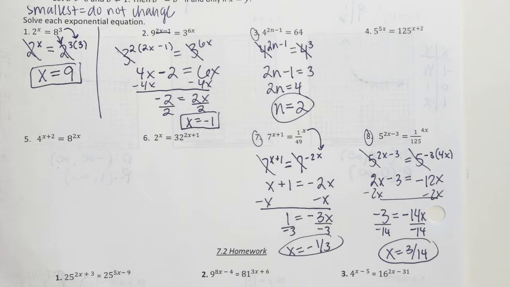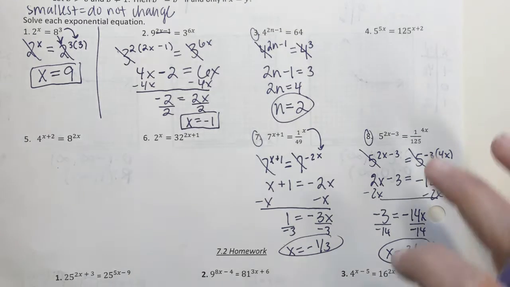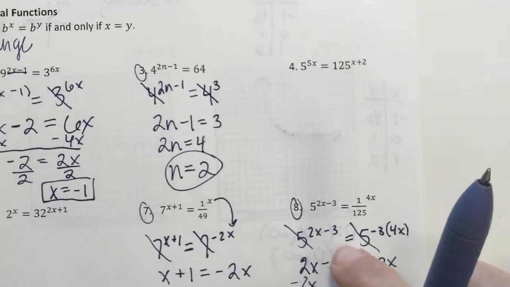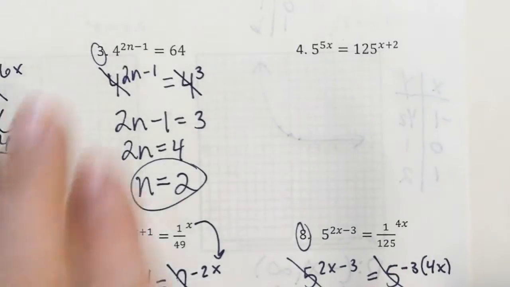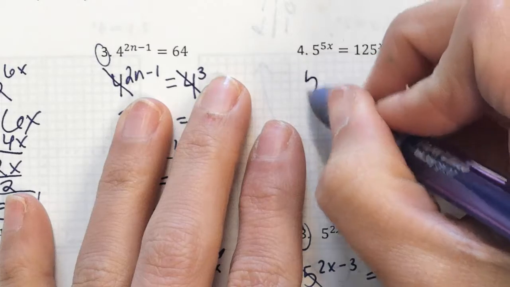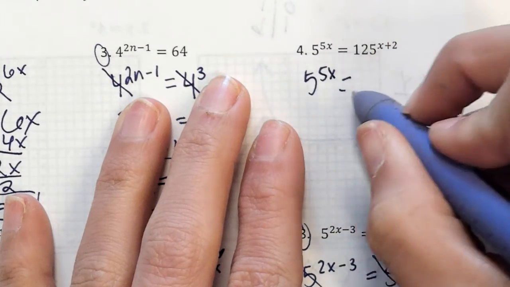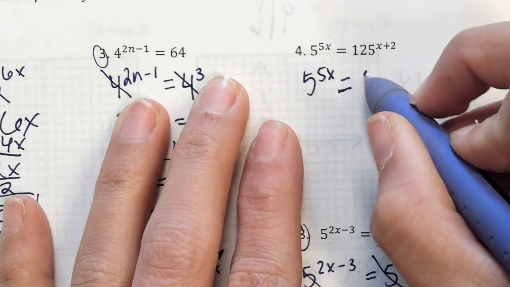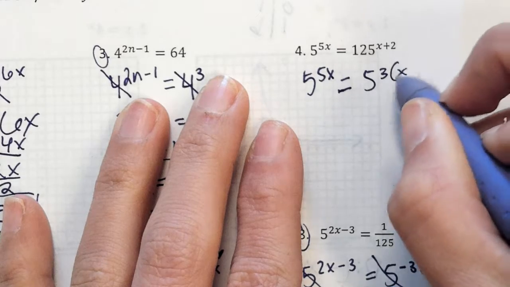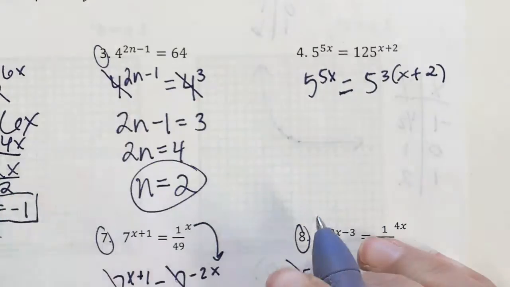Alright, let's start going over these. Let me get Emily, help me out with number 4. What was the common base? Good. So this one was 5 to the what? Good. Alright, Darrell, tell me what I would do next.